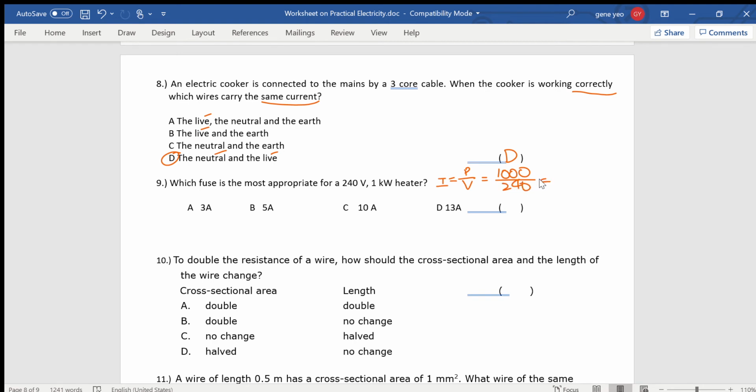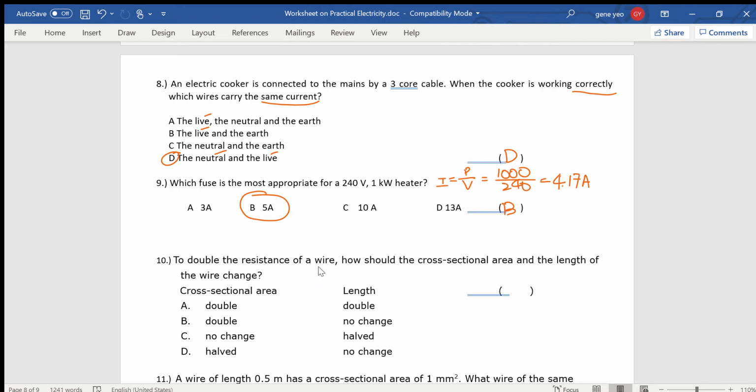And I have 4.17 ampere. So I want slightly more than that, and 5 seems to be appropriate. I cannot have it below 4.17, otherwise the appliance will not work at all, and I don't want it too high, otherwise I might let in more current than is safe.